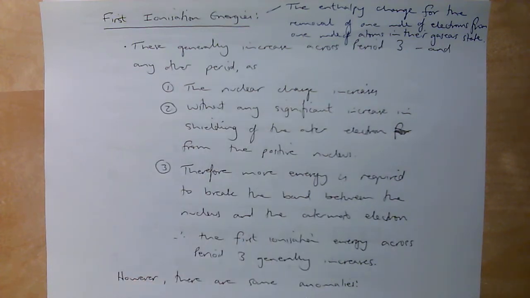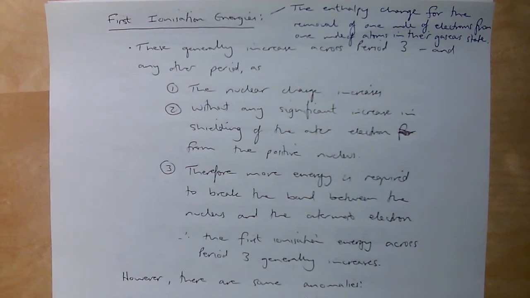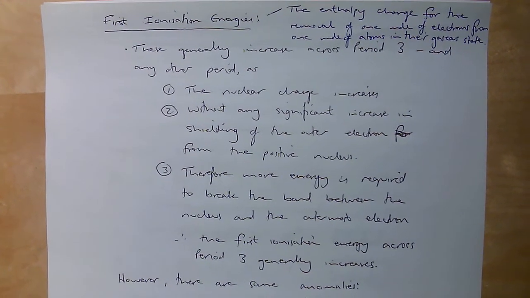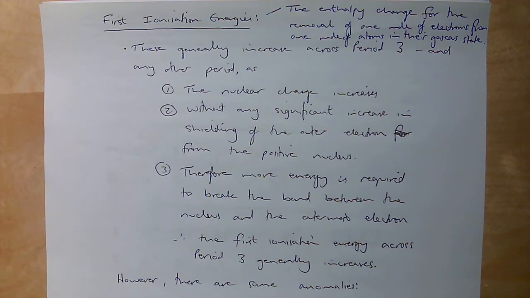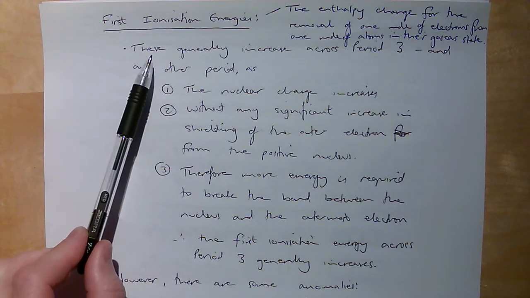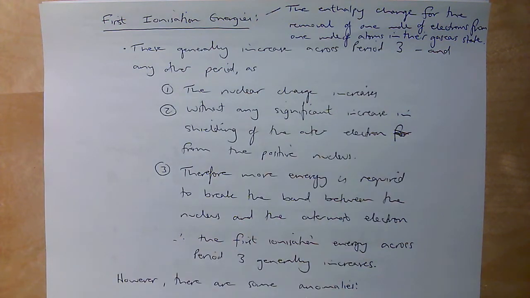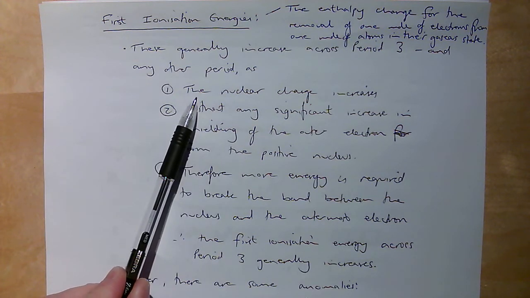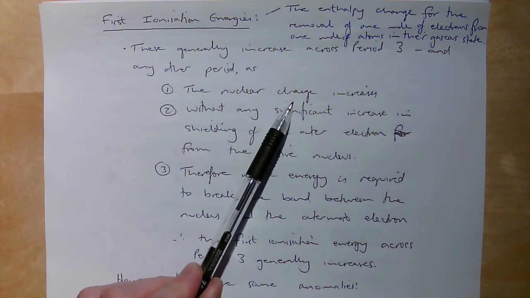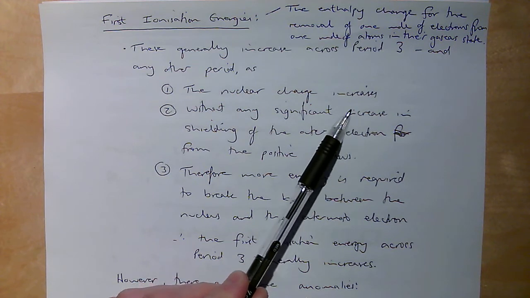The reason that you get a general increase in first ionization energies across period 3 is that, as you go across period 3, the nuclear charge increases. We've talked about that already.